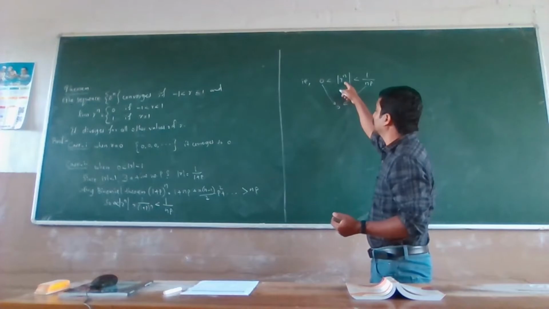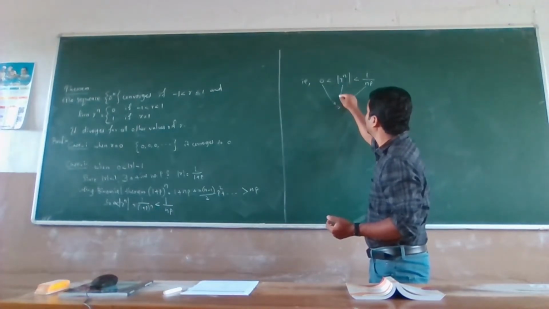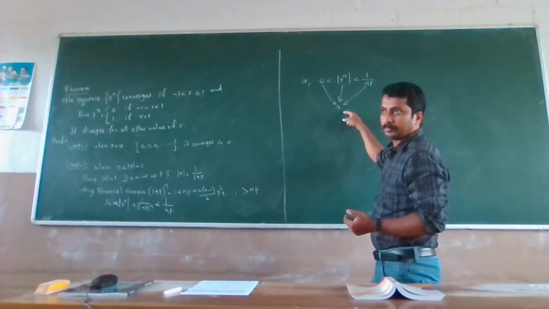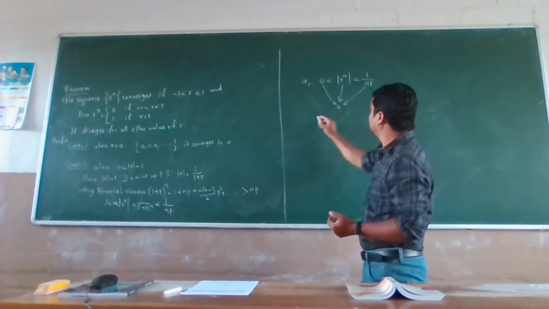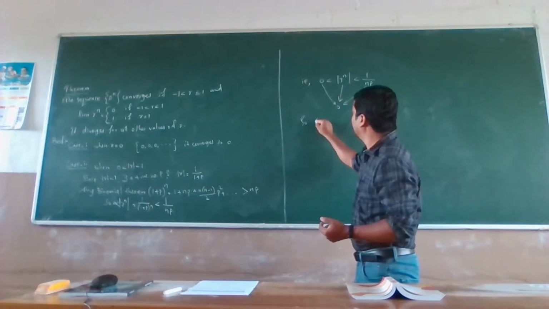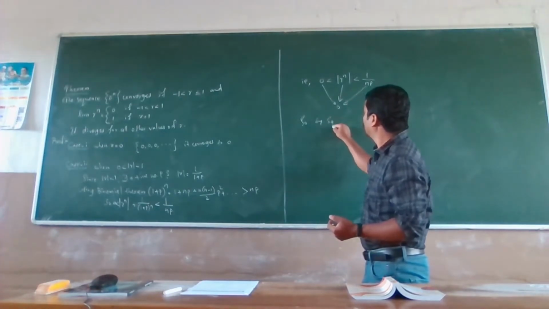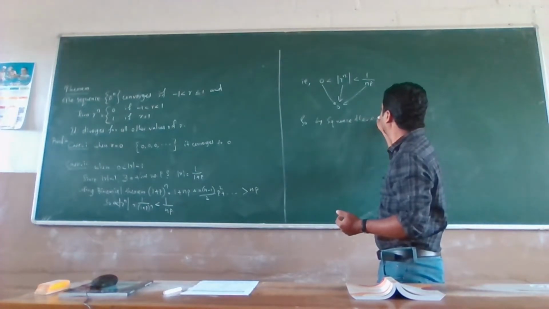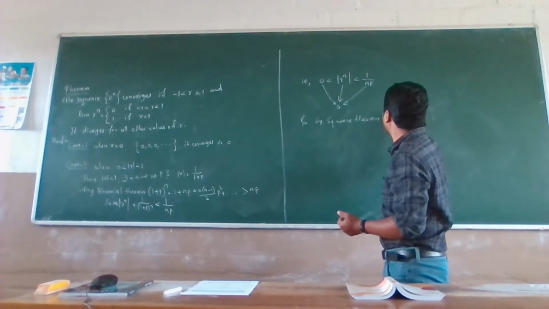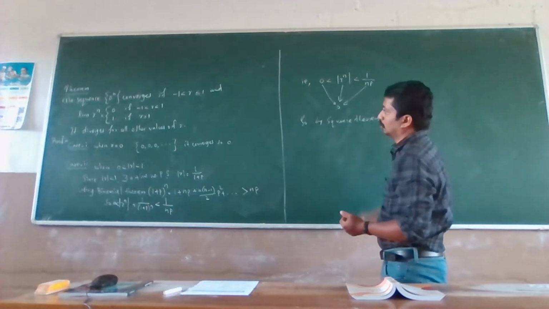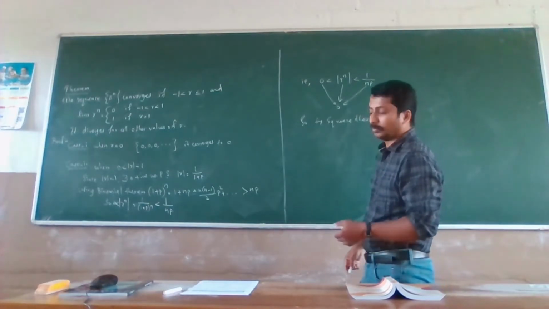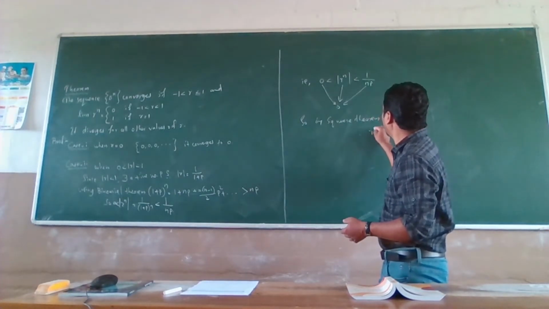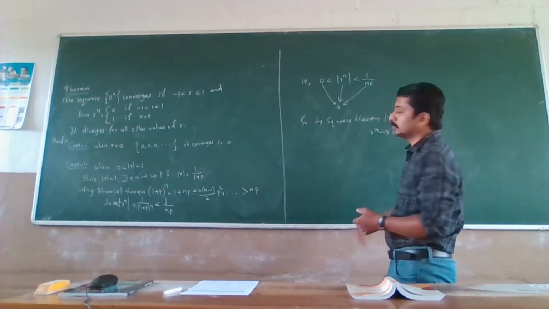So the sequence mod r raised to n also tends to 0 by the sandwich theorem, that is, the squeeze theorem. Therefore mod r raised to n converges to 0, so r raised to n also converges to 0.